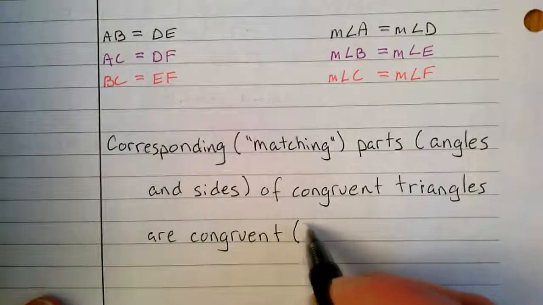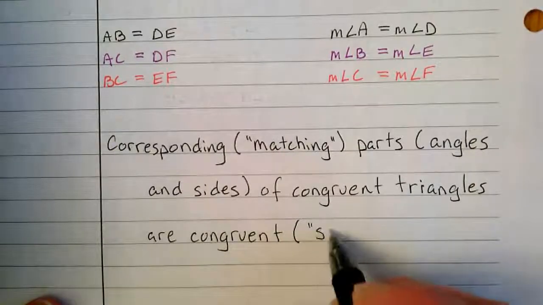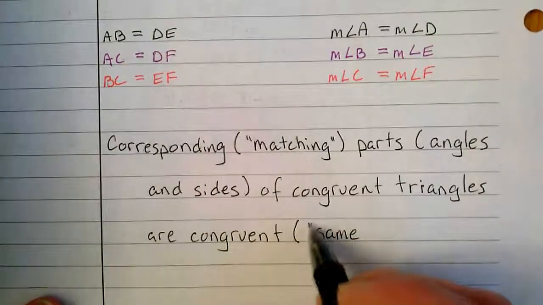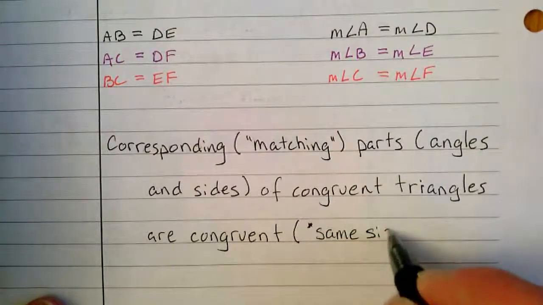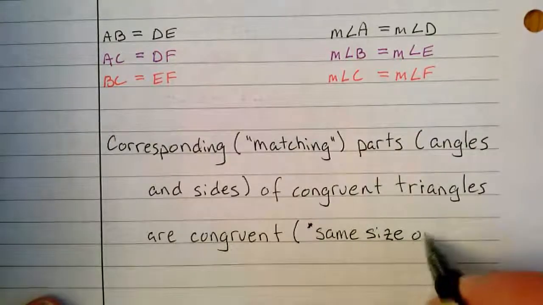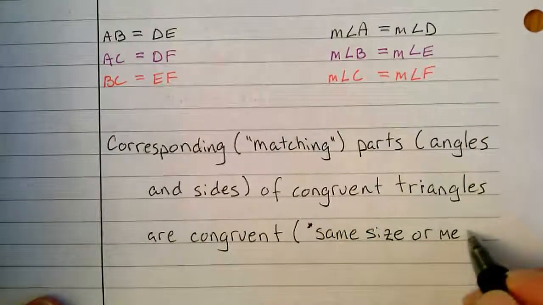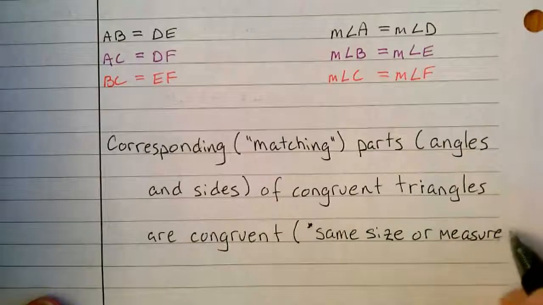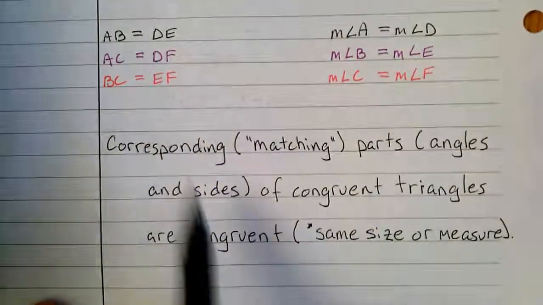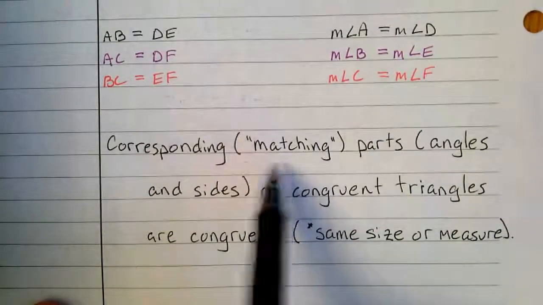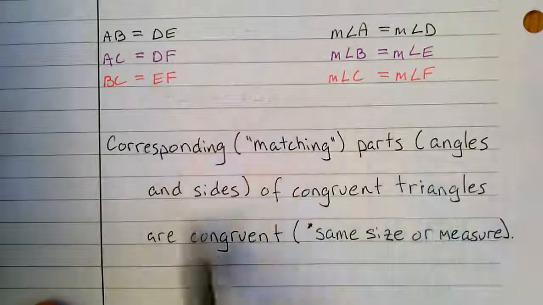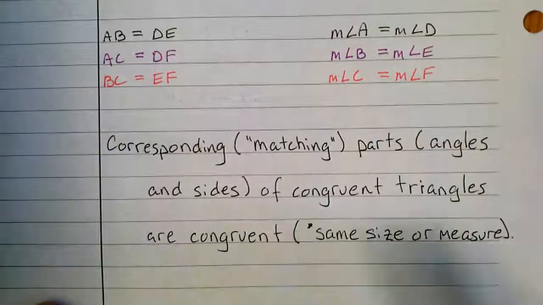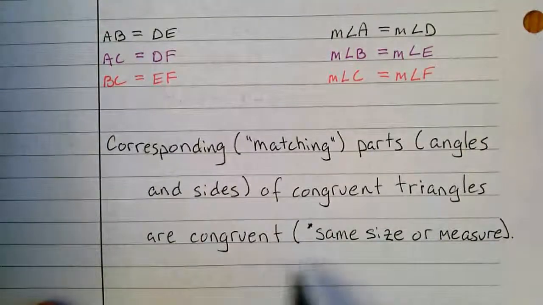And by that we mean, actually it's not in quotation marks, same size or measure. Okay. Corresponding, matching, so parts that match up, corresponding parts, and by parts we mean angles and sides of congruent triangles are congruent, meaning same size or measure.